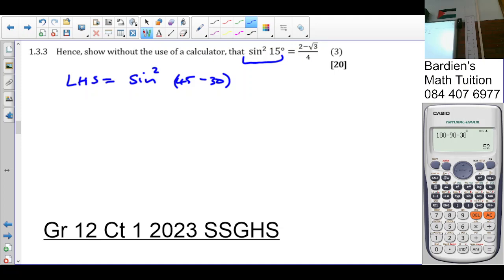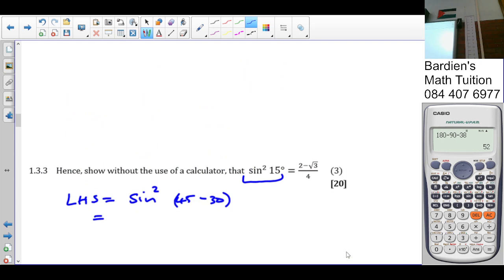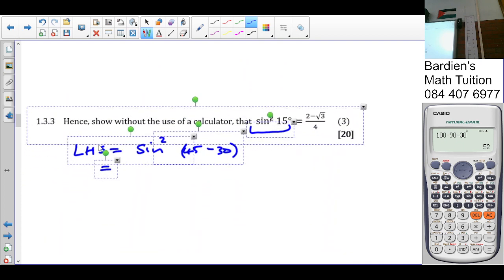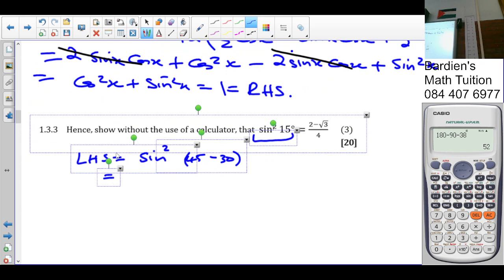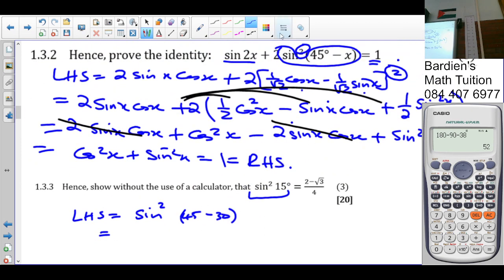Okay. Now I'm going to go with the sine expansion as I had here. Just pull this up. Now I could use the sine expansion there if I like, but I've worked with the sine expansion here already. Can you see that?